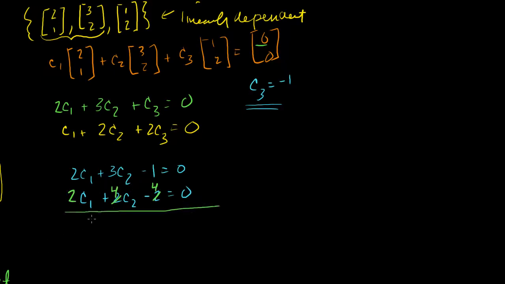And now let's subtract this equation from that equation. So the c1s cancel out. 3c2 minus 4c2 is minus c2. And then minus 1 minus minus 4. So that's minus 1 plus 4. That's plus 3 is equal to 0. Let me make sure I got that right.